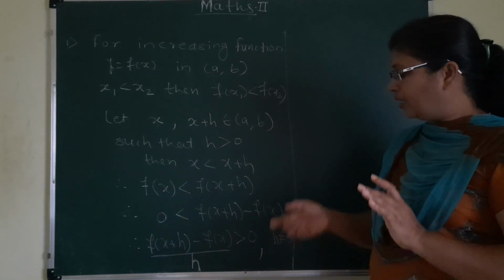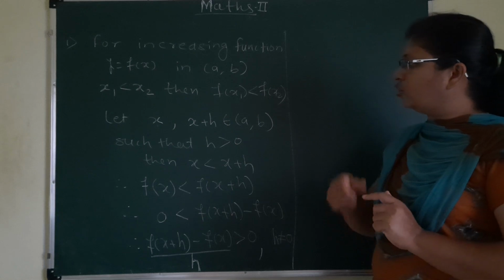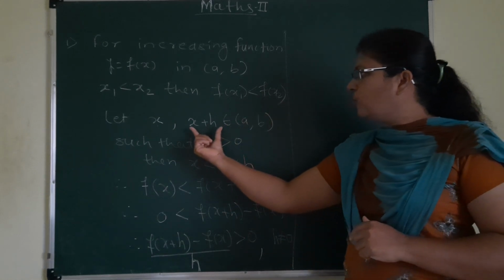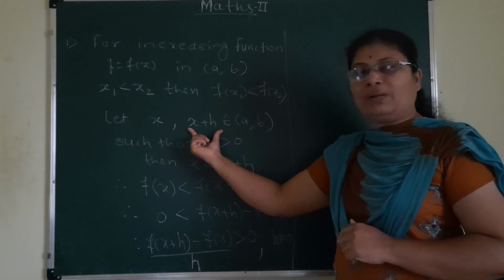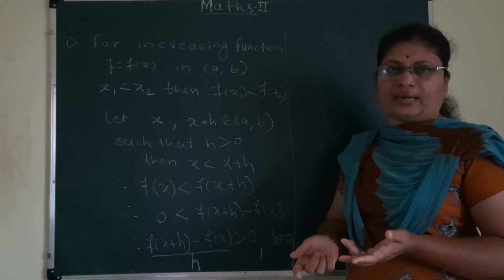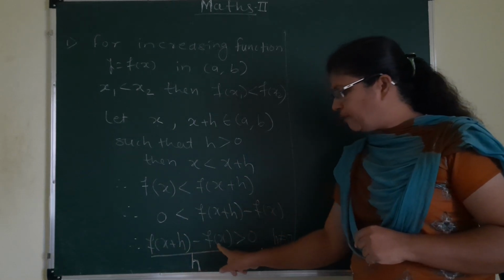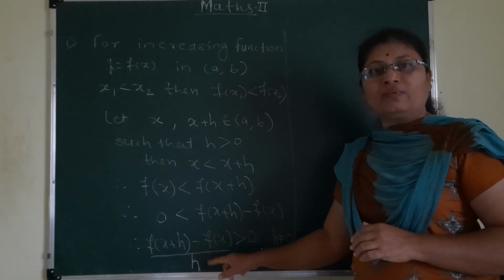But now remember, when h tends to 0, h approaches 0, at that time the term x plus h will approach x directly. Means there will be f of x minus f of x, right? It will be 0.